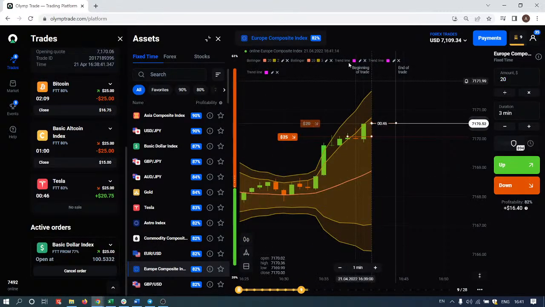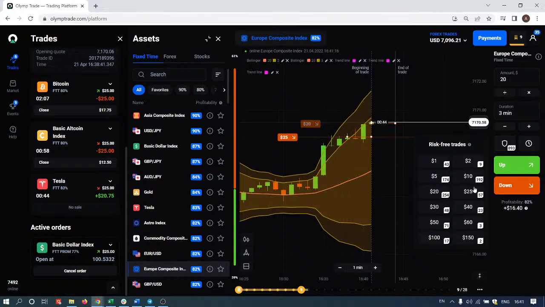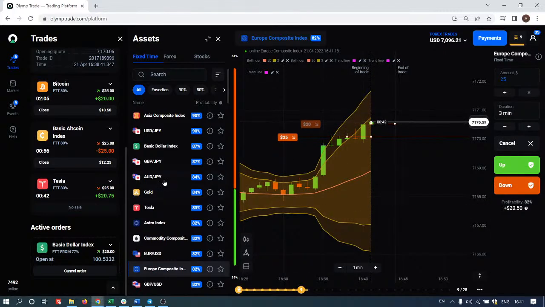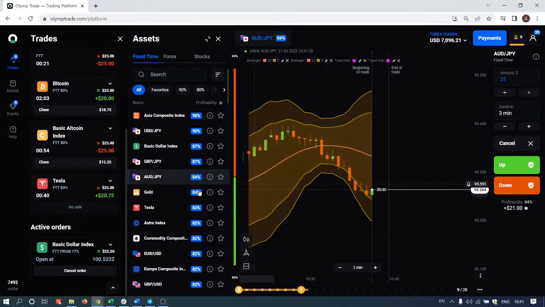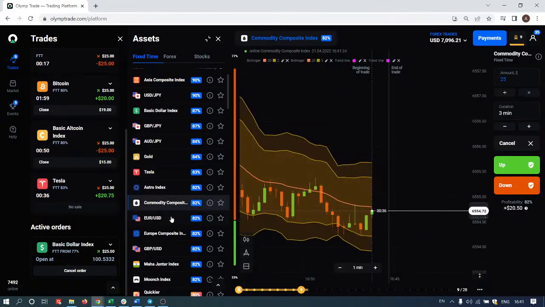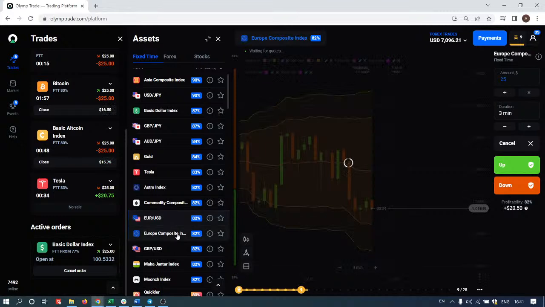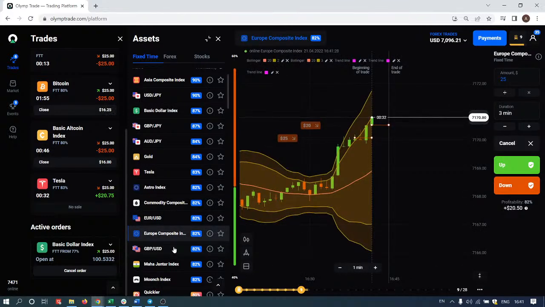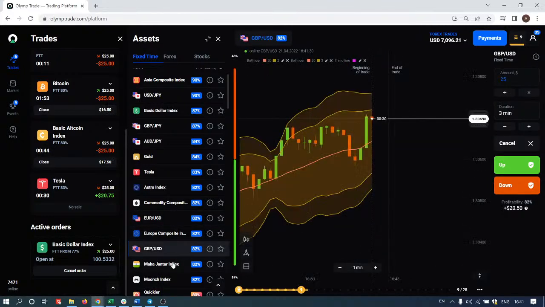Okay, so let's try and open a risk-free trade here, and let's use another risk-free trade on some other asset. Just thinking which one.